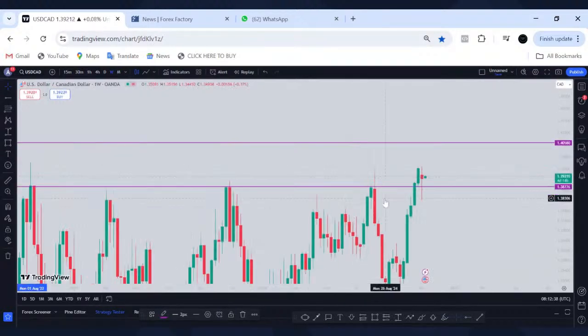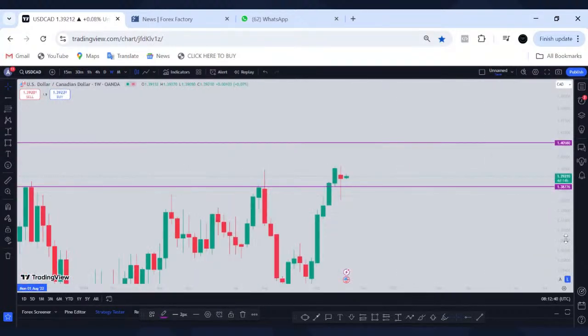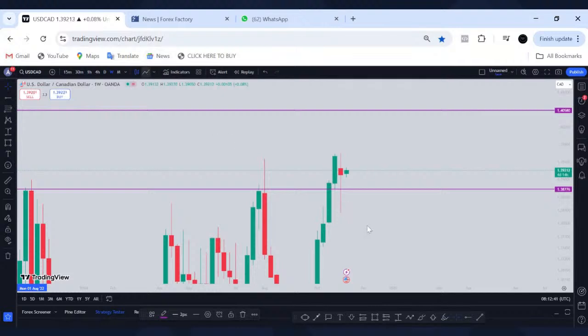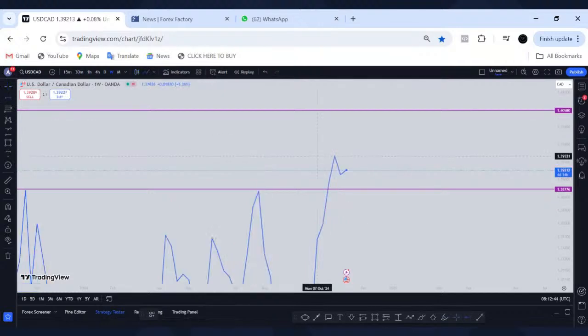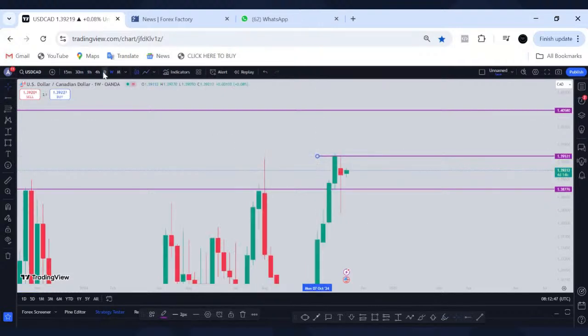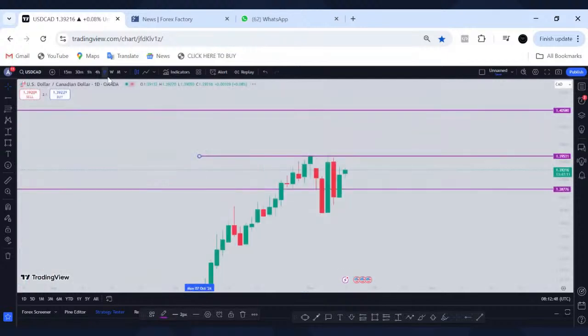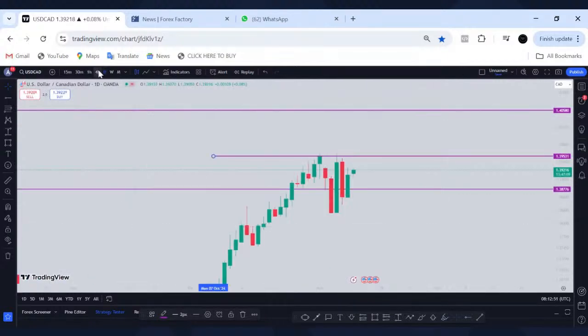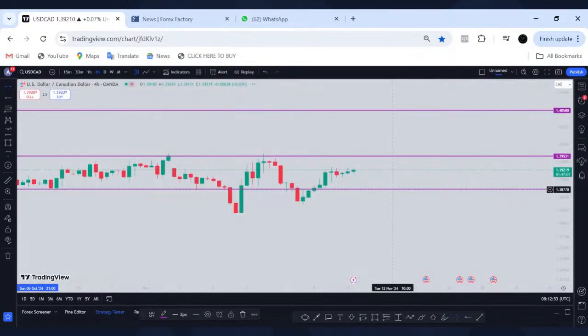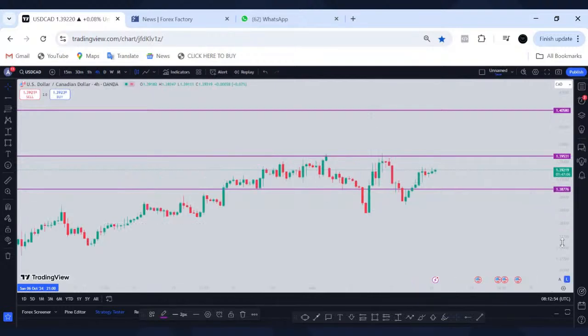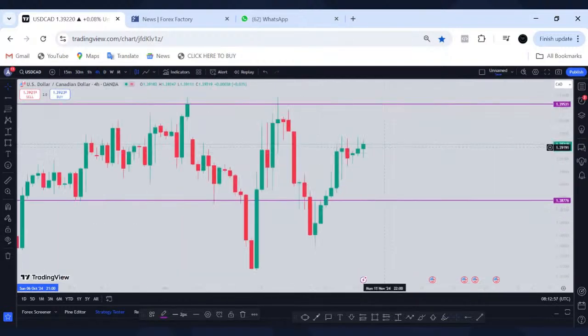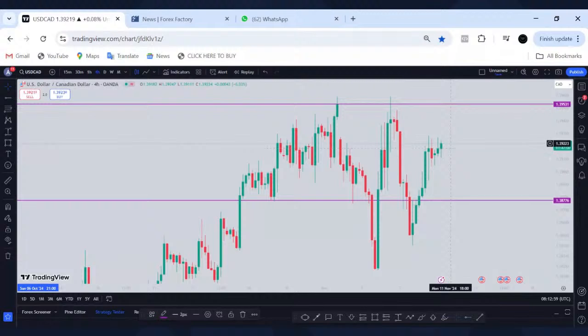On the weekly time frame, price is still in an uptrend, giving us a support. On the daily time frame, it's just consolidating, ranging around the same place.